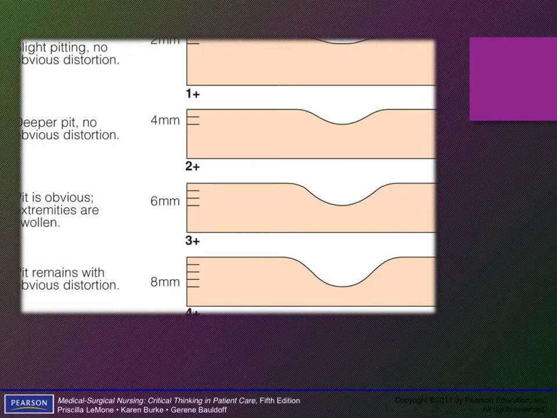You can see that a +1 is 2 millimeters down into the skin, and +4 is 8 millimeters down into the skin. Plus it gives you a specific wording for each measurement. +1 is lightly pitting, with no obvious distortion. And +4 has obvious distortion and it's pitted.